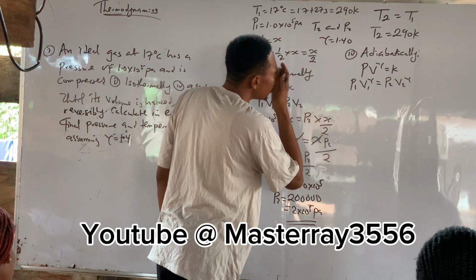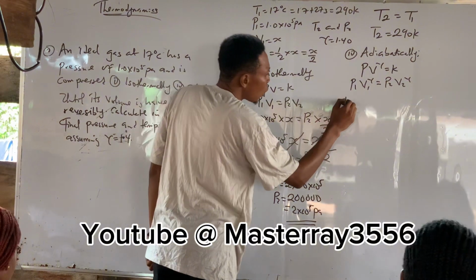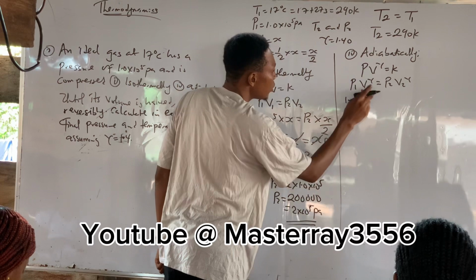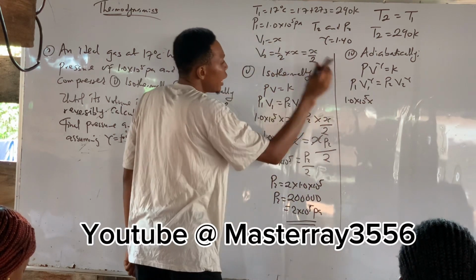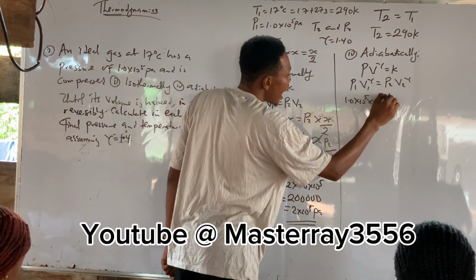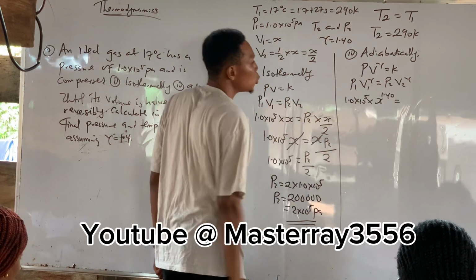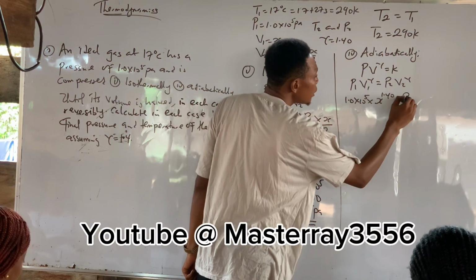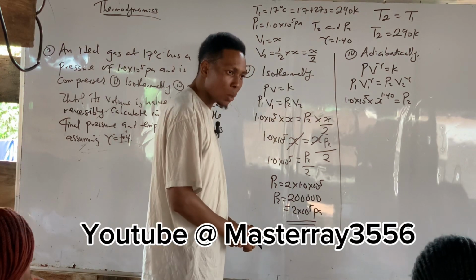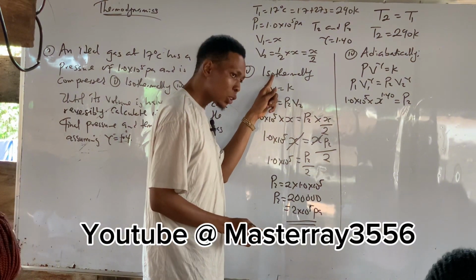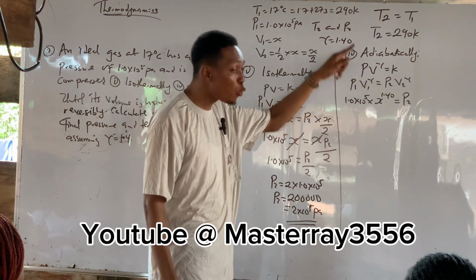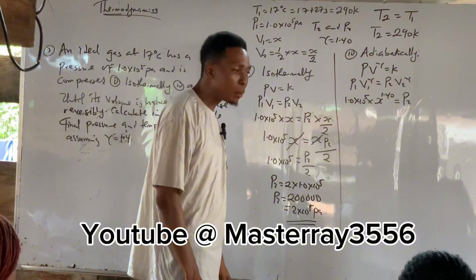So what is P1? 1.0 times 10 raised to power 5. Then V1 is X. Gamma is 1.40, right? Then P2 is unknown. You are looking for P2 in the adiabatic process. We've already calculated isothermal, so this time around it is adiabatic. You look for P2, you also look for T2. Are you following? All right.